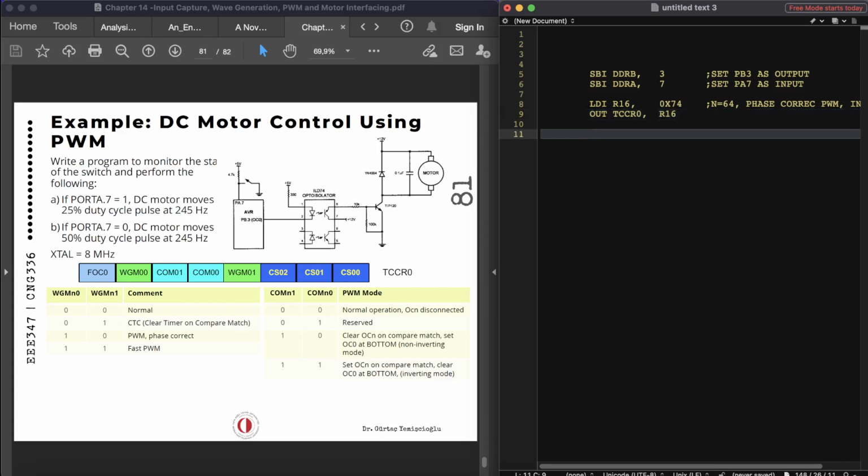Then we have to check if the pin is set or not, SBIC. So skip if bit is cleared, pin A7. Or let's say skip next if pin A7 equals 0.